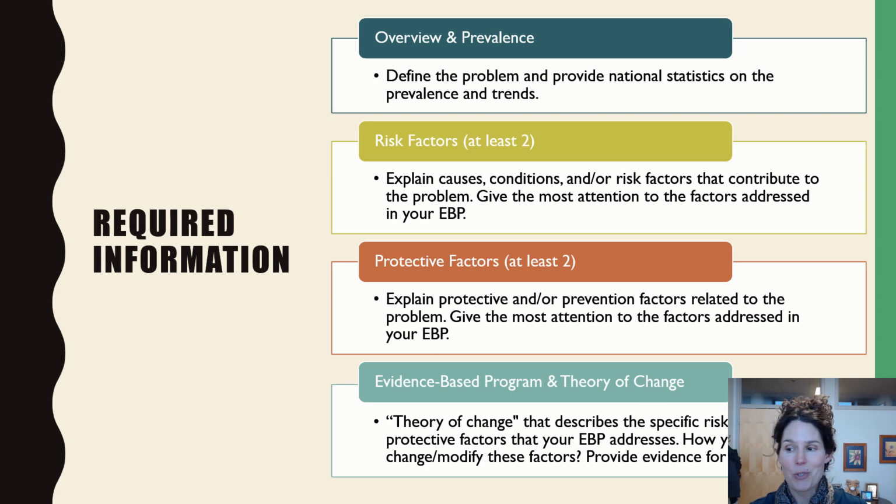Then you're going to go into protective factors related to the problem, again making sure you emphasize the ones that you're going to be changing through your EBP. And then you're going to highlight your theory of change that clearly summarizes the risk factors that you're reducing and the protective factors that you're increasing and what it is you're hoping to change.